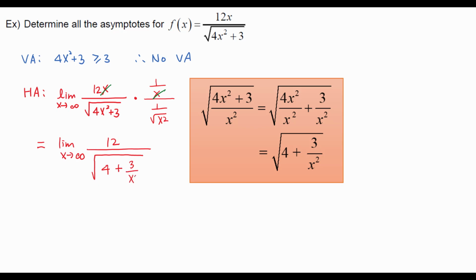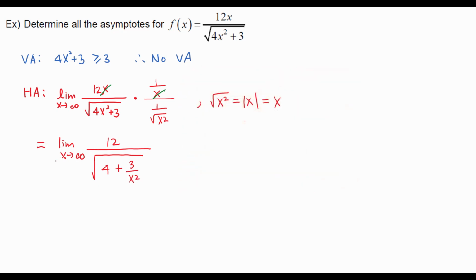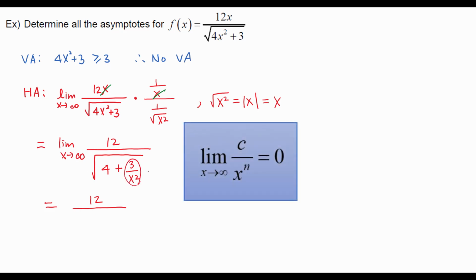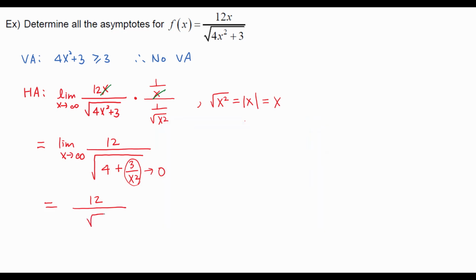The limit as x approaches infinity of 12 on the numerator stays 12. In the denominator, as x approaches infinity, the value 3 over x squared approaches 0. Therefore, all you get is the square root of 4, which is 2, so 12 over 2, which is 6. So you get a horizontal asymptote y equals 6.